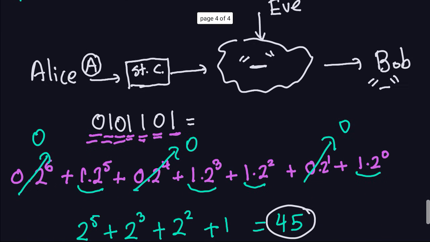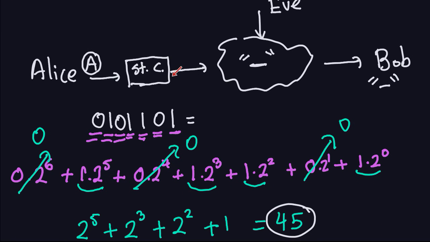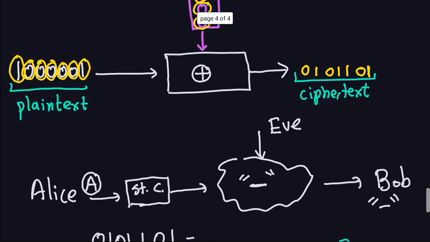Then the encrypted message goes through the insecure channel, and Bob will get this part here. Of course, Bob will have to know the key, or basically the stream of bits that was generated here, to decrypt the message.